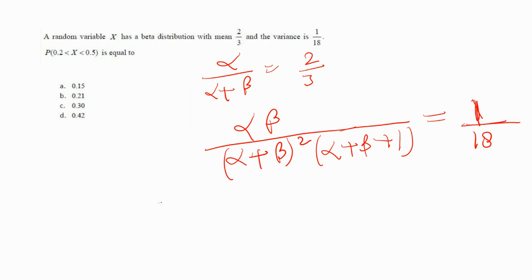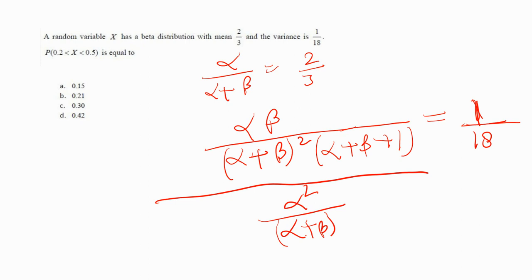So what we can do here is take a square, alpha plus beta square, and divide it, so it will be 4 upon 9. So alpha will be cancelled out.